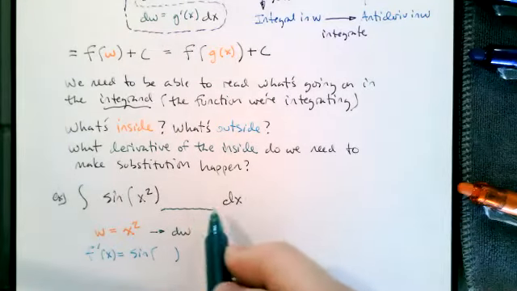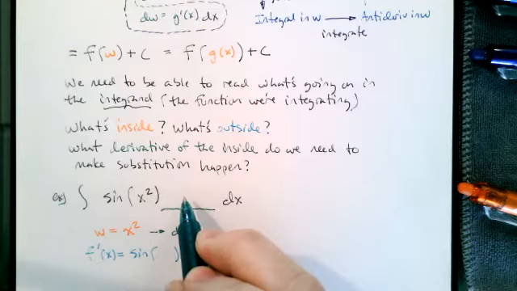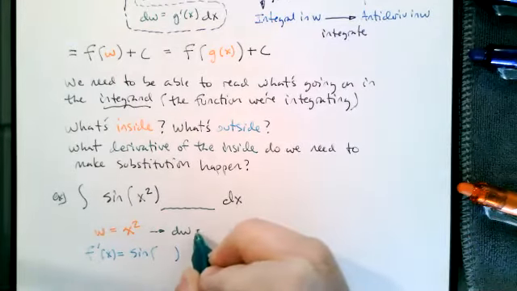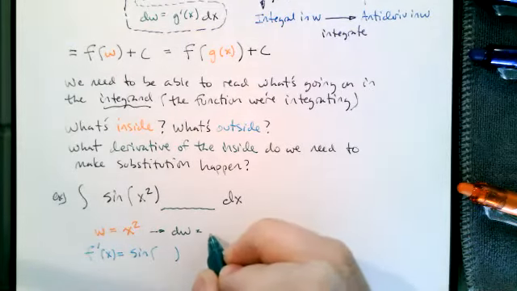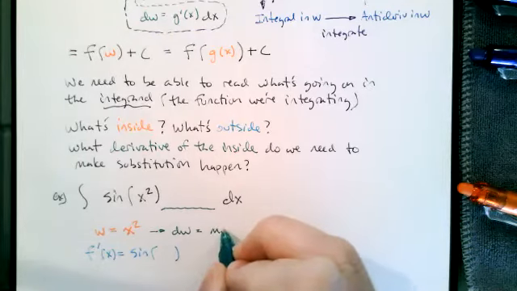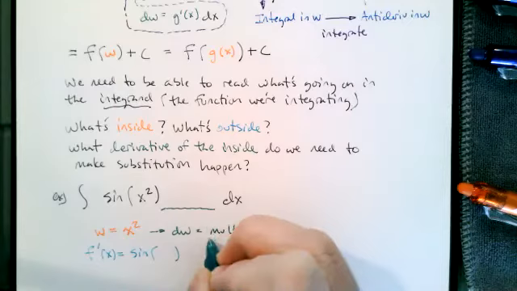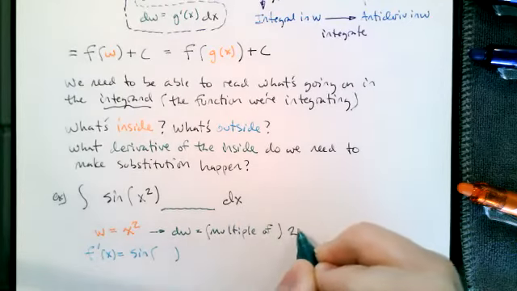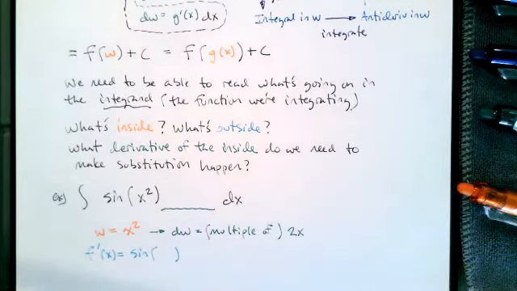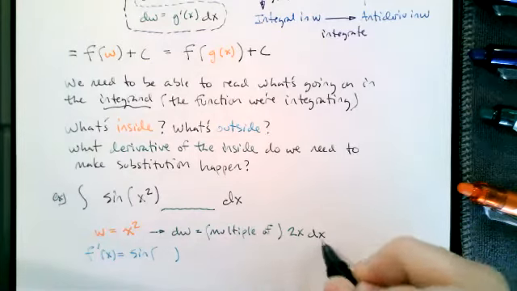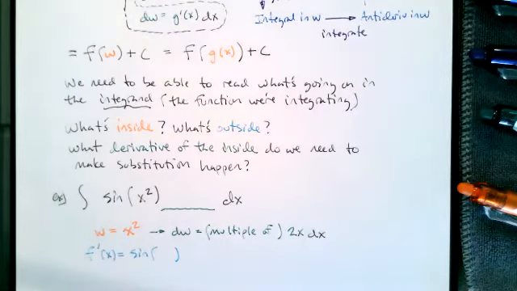So what's the derivative of the inside that we would need to see out here to make this happen? So dw needs to be some multiple of 2x. And then we multiply both sides by the dx just for formality's sake.